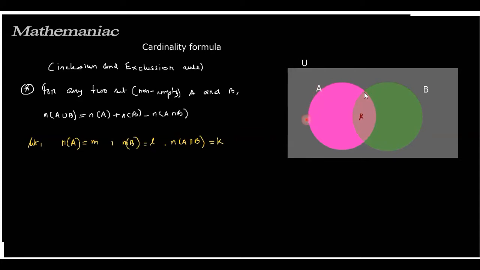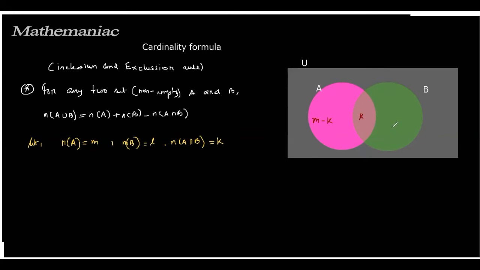What is the total number of elements in this whole pink set? It is m. Out of those m elements, you have already considered K elements here. So how many will be left out here? Very clearly, it will be m minus K.